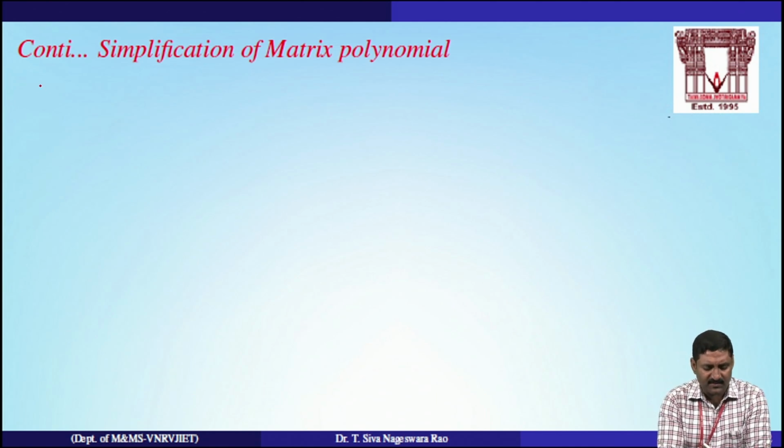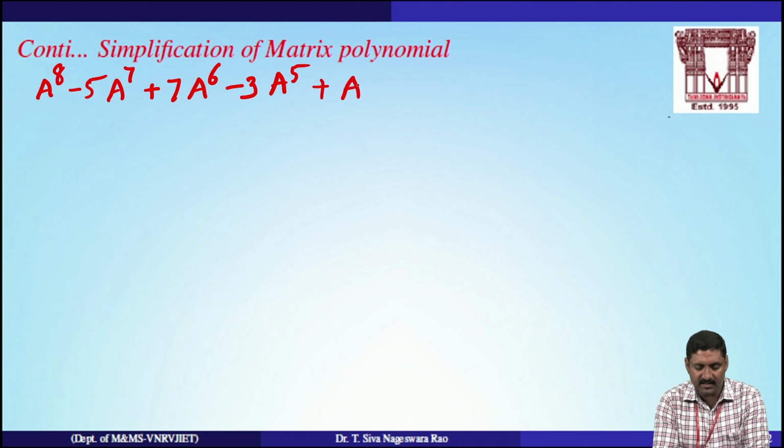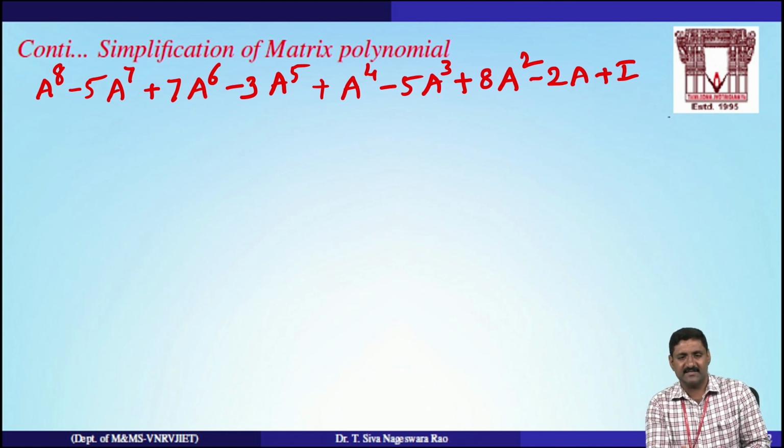Now what is the given matrix polynomial? A power 8 minus 5 into A power 7 plus 7 into A power 6 minus 3 into A power 5 plus A power 4 minus 5A cube plus 8A square minus 2A plus I. Manually, if you want to simplify this, you need to calculate A power 5, A power 6, A power 7, A power 8.